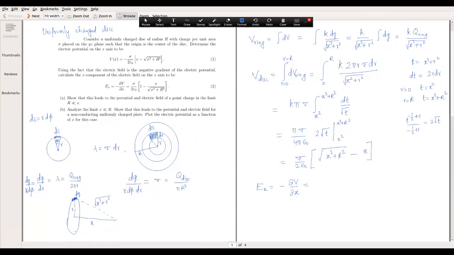Since it is a negative sign, this negative sign becomes plus. So it is sigma over 2 epsilon naught times 1, and the first term gives you a minus sign to begin with, and a factor of x in the numerator got by differentiating the argument of the square root, and the power of the square root goes as 1 by 2 minus 1, which is minus half, which takes the whole thing in the denominator.